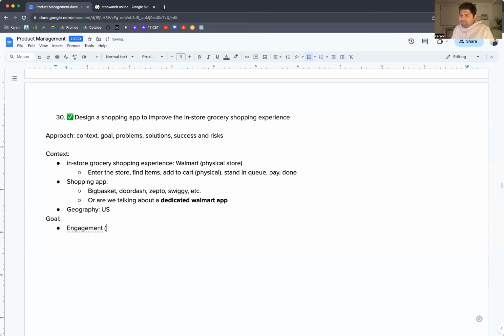It could be either in terms of interactions with the app, or let's say time spent per shopping. So let's say if that average time spent for one particular shopping order is 30 minutes, we want to reduce it to 15 minutes. So these could be some directional guidelines to actually determine our goal. But at a broader level, we will focus on engagement as our goal.